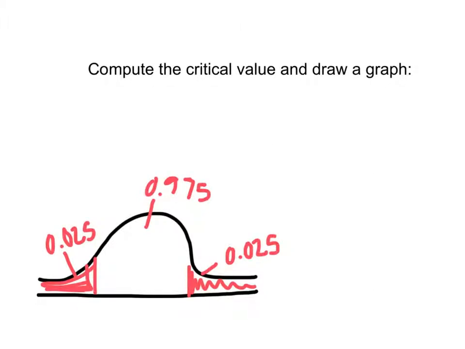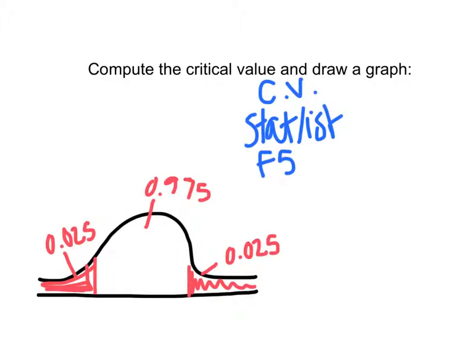To find the critical value, you will go into your calculator under Stat List again. You'll then go to F5 and press Inverse. Once you press on Inverse, you will scroll down to Inverse T. You'll come across a screen where it asks you for the area, and we'll start with doing our left side.